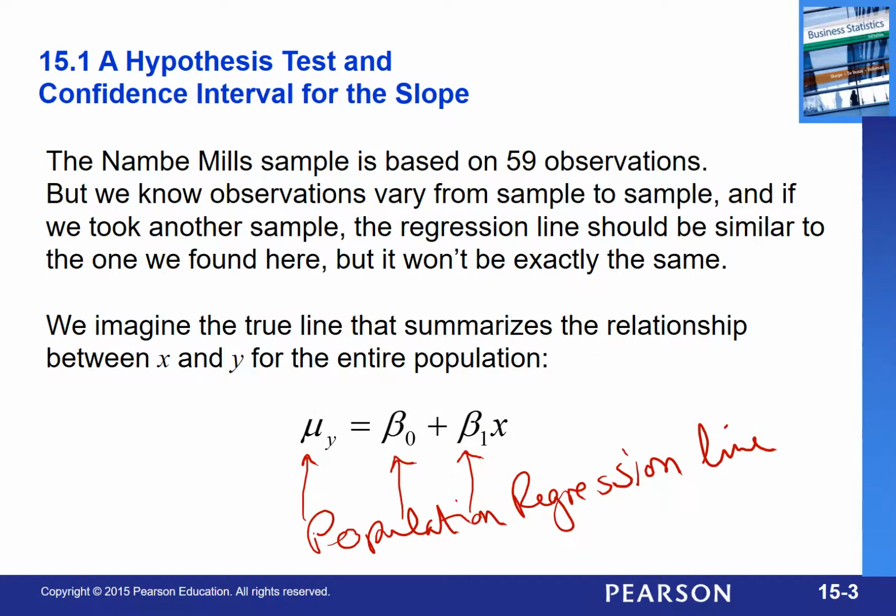We have a sample of 59 observations, and if you grabbed a different sample of 59 products, you would get a totally different result. You might even get a totally different equation for the regression line. Out there somewhere is the regression line for if you didn't use a sample, aka the one from the population.